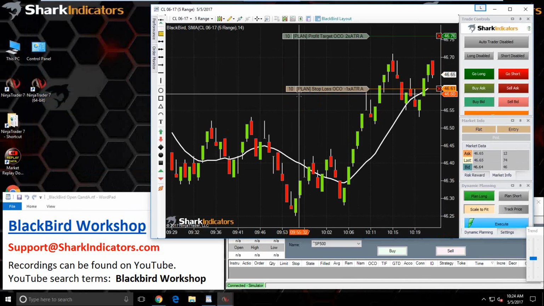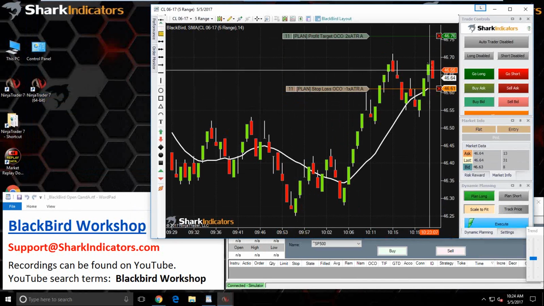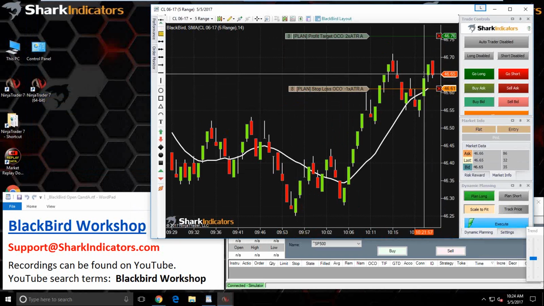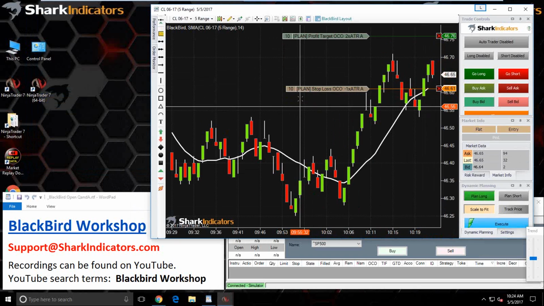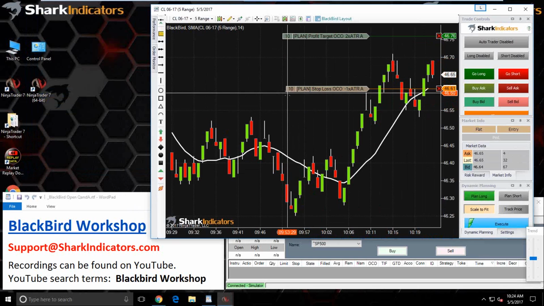You can see right now it's calculating 8 and 10 contracts, depending on where price is in relationship to the stop loss. The number of contracts is constantly adjusting.